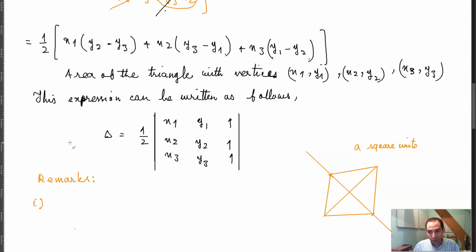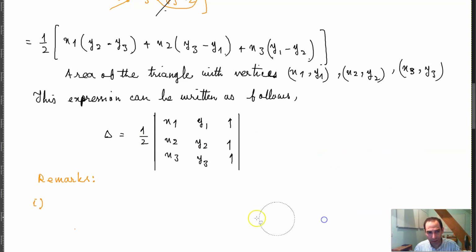And of course, you know that the area of 3 collinear points is 0. That's actually one of the tests that we used in that chapter.